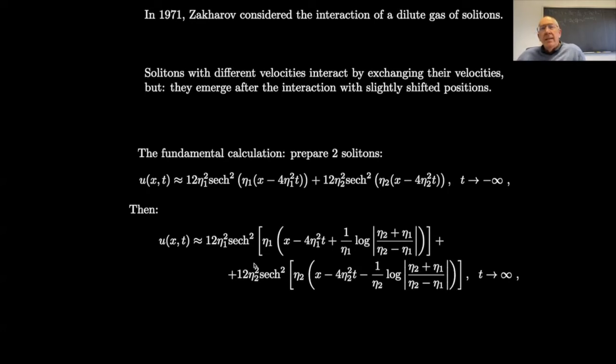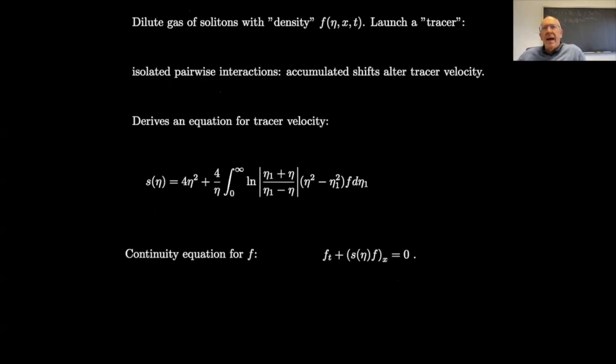Okay. Then he says, well, let's imagine that we have a dilute gas of solitons that are described in some gaseous sense with a density that corresponds to a distribution of their velocities, but they're very dilute. Okay, now they interact with each other by sloshing about, but then he also says, let's put a tagged soliton, a tracer soliton, amongst this gas and push it through the system and watch how it evolves.